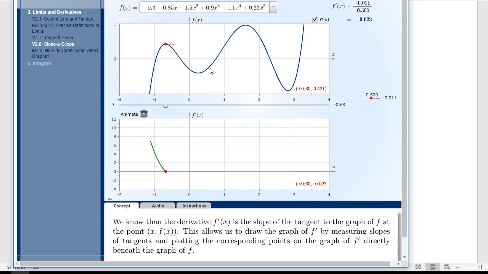And then again, as I animate the tangents over here is another horizontal tangent. That's going to correspond to an x-intercept there. So let me go ahead and grab this bar and animate a little bit more. So notice on this segment of the graph, the slopes were all positive, and we can see all the positive y values here. And then now the slopes are going to become negative, and we can see all the negative y's.